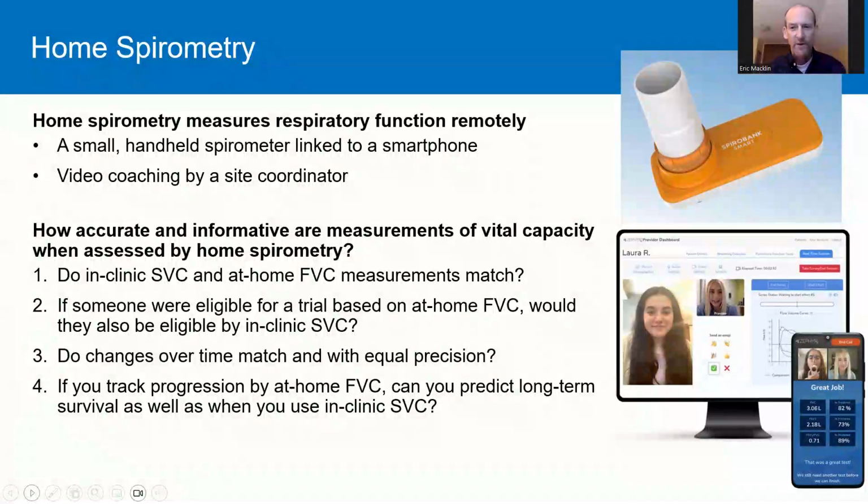So there are 4 questions that the data we have, I hope, can answer, and they're focused on the degree to which home spirometry could serve as a substitute for our use of in-clinic vital capacity.